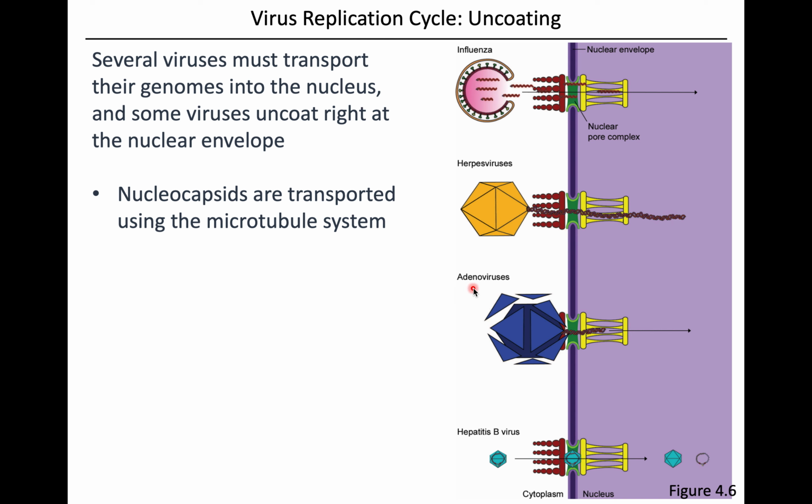Or you have things like adenovirus that will physically dock tightly with the nuclear pore and uncoat while it's docked, and again threading its genetic material into the nucleus during that uncoating process. But it's all really variations on that same theme. How do we get the genetic material, DNA or RNA, out of the capsid? All right, I will stop there and pick this up in part 2.